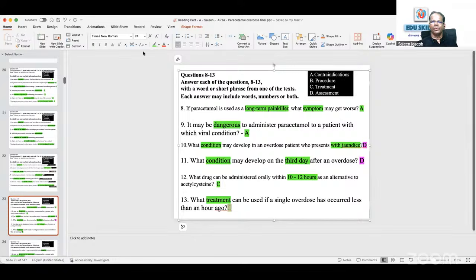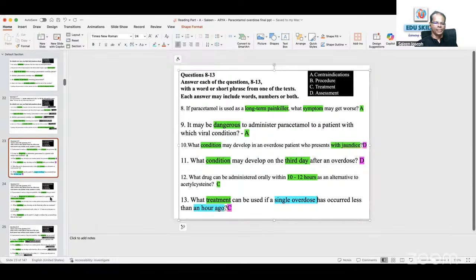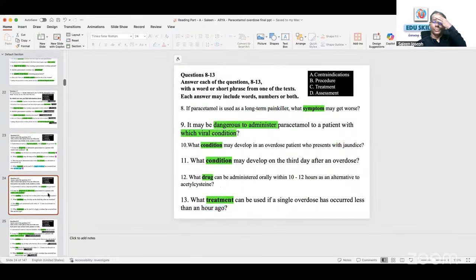So C for the treatment, we'll put it in red since you have a doubt. Less than an hour ago is also a keyword for you to identify the answer. Single overdose, B.